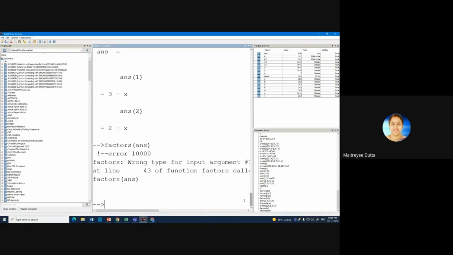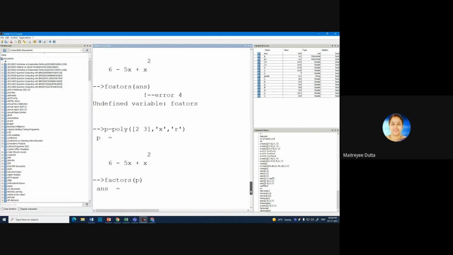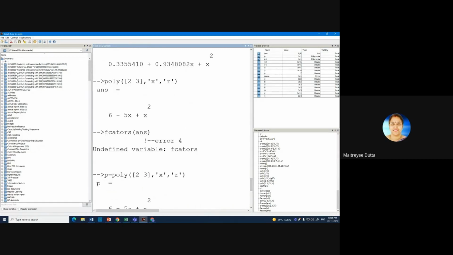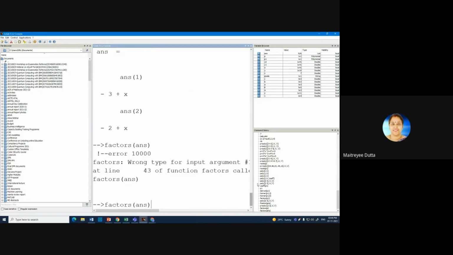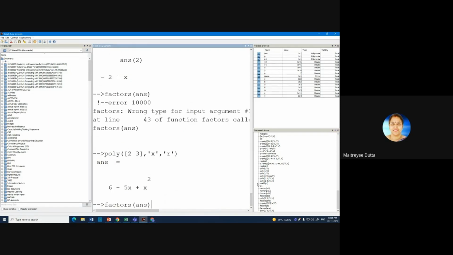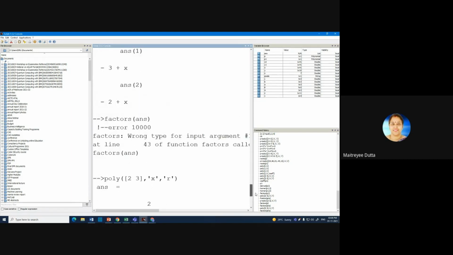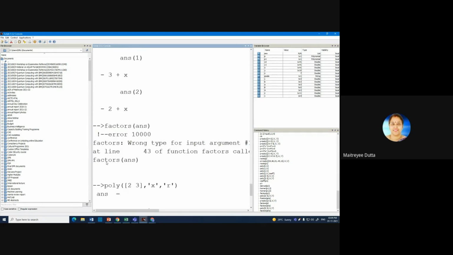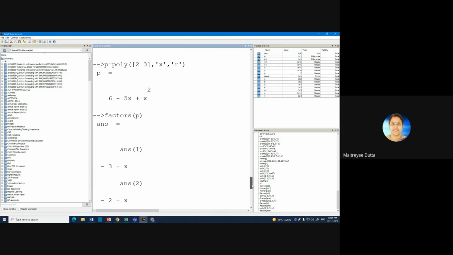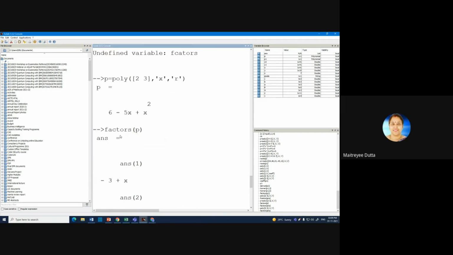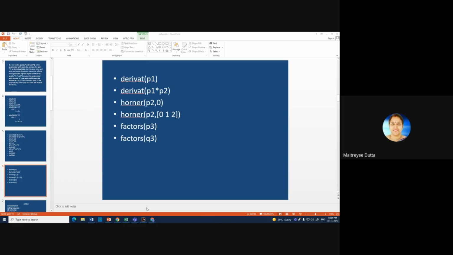The answer is not being taken, okay, no problem. If I run this again, then it should take it. Yes. So actually answer is a temporary variable, so that time it had omitted the answer. So the factors show whatever factors of the polynomial are. This is the factors.